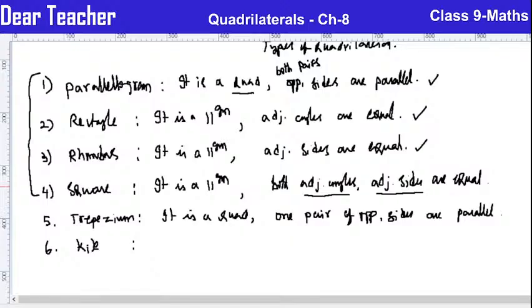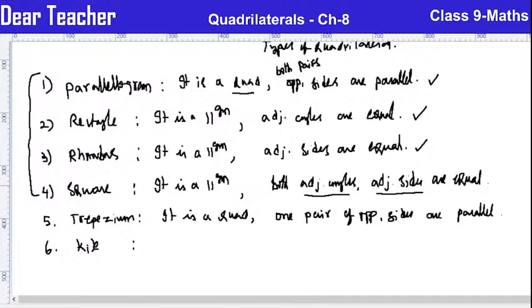That means the opposite pair of adjacent sides are equal. Suppose if it is 6 centimeter, the other pair can be 5 and 5. In a rhombus it is 6 and 6, and this is also 6 and 6. So our condition is satisfied. So a rhombus can be a kite, but not every kite can be a rhombus.